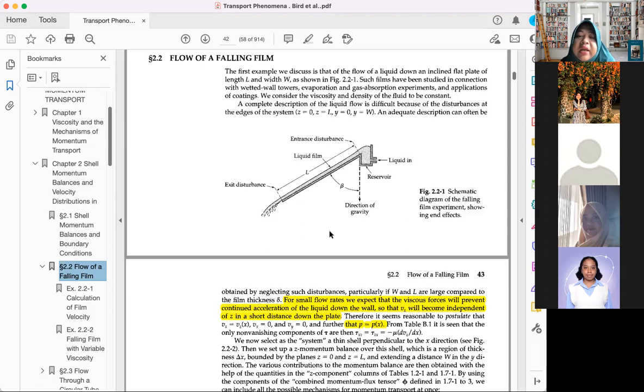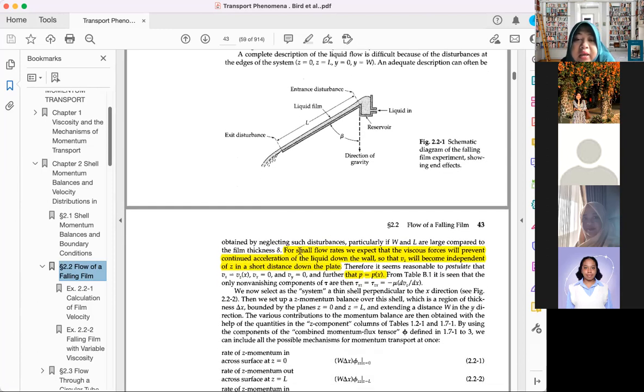Here I also highlighted this one a few years ago because this is important. For small flow rates, we expect that the viscous force will prevent continuous acceleration of the liquid down the wall. So the vz would be independent of z, in short, the distance down the plate.